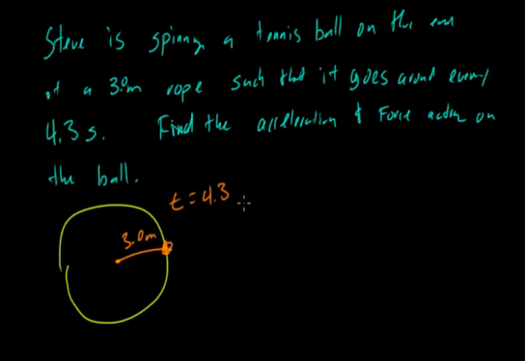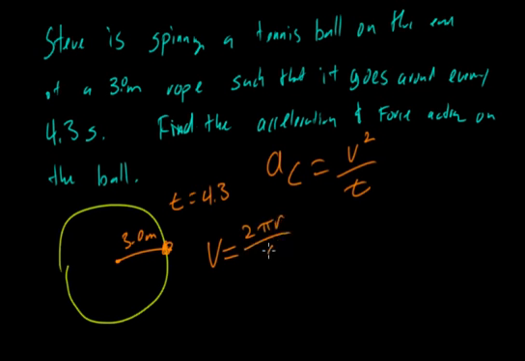So we want the acceleration. Well, we know the formula for centripetal acceleration is v squared over r, but we don't know the velocity. Oh no! Well, I gave you that formula also. The formula for velocity is 2 pi r over t. So we can just plug in 2 times 3.14 times 3 over 4.3.